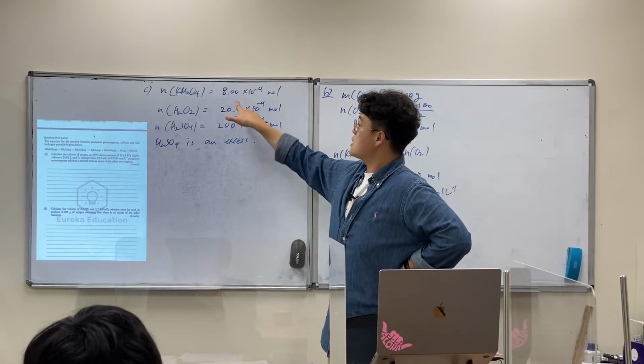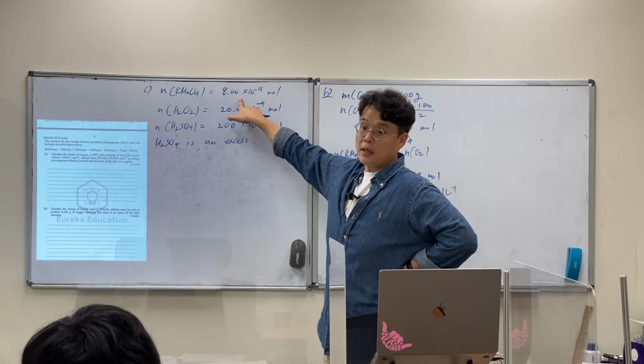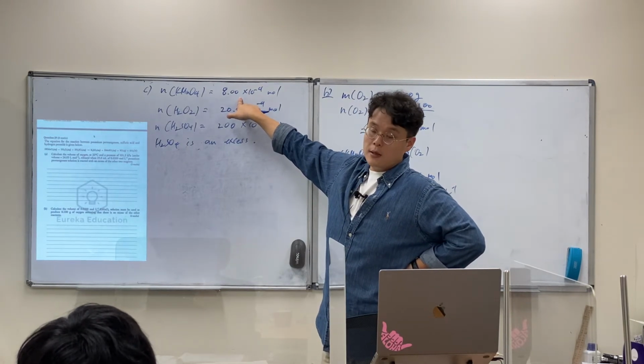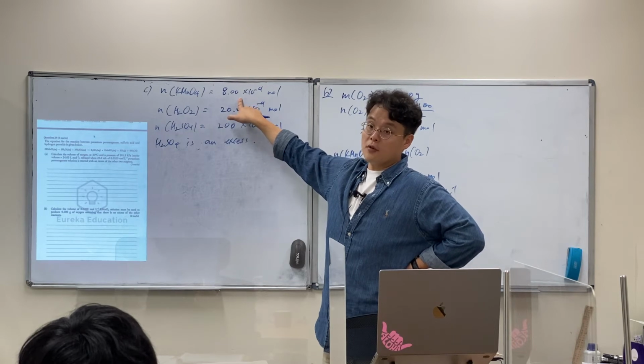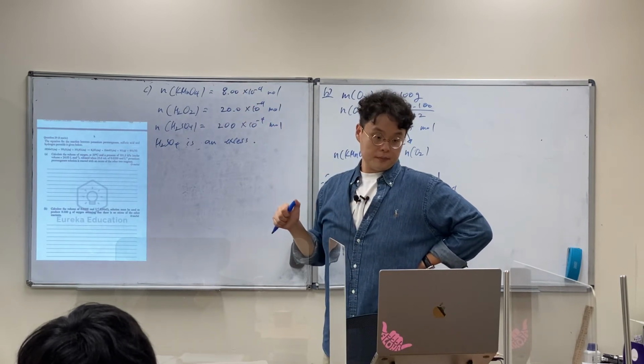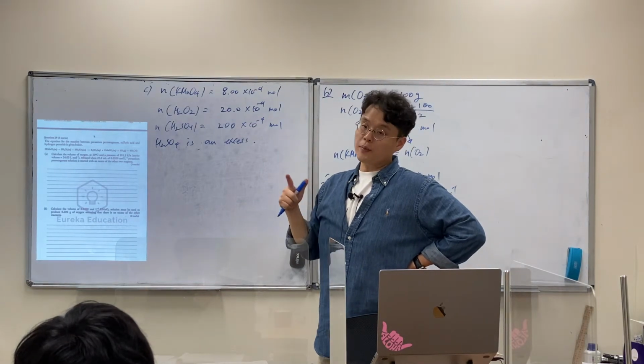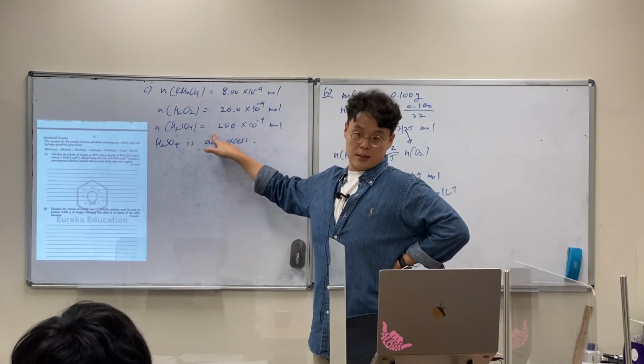So considering this is 8 and the ratio is 2 to 5, if we consume all of this, we need to use 5 on 2 of the amount. Are they both limiting? No, one of them will be, because we have excess of this.